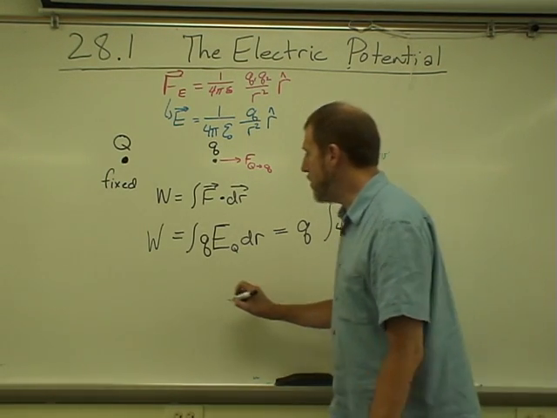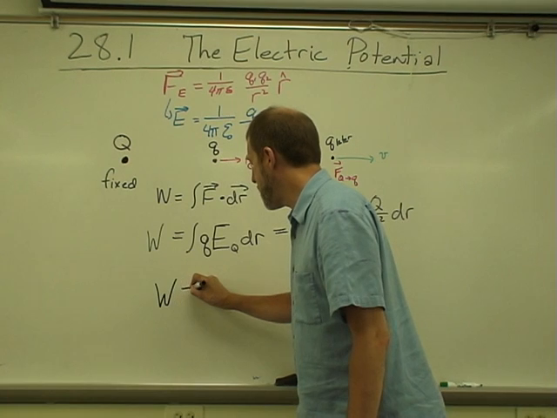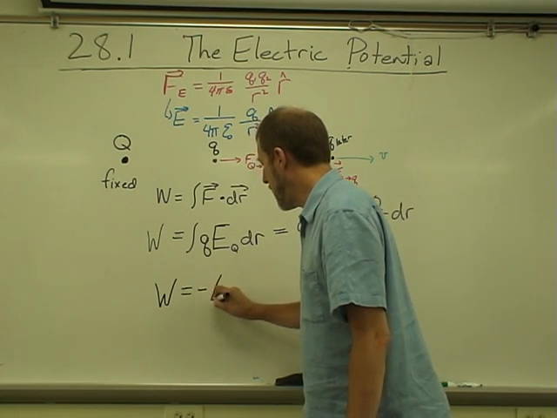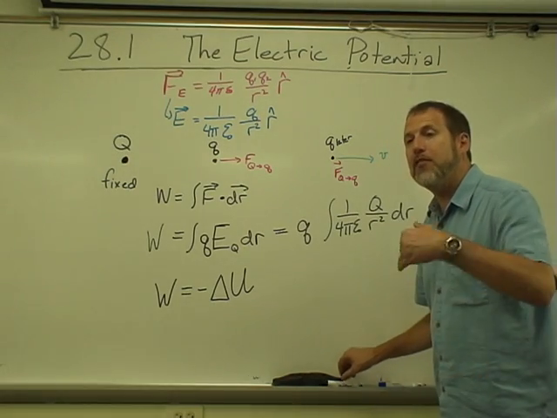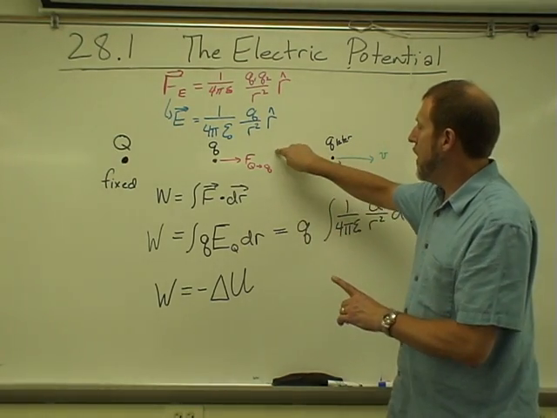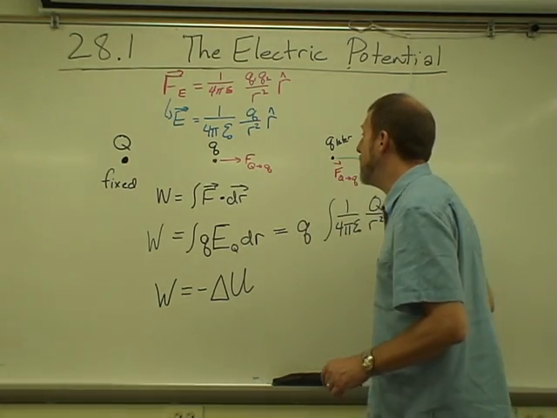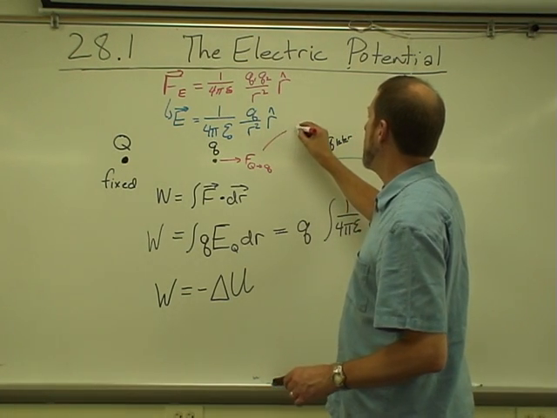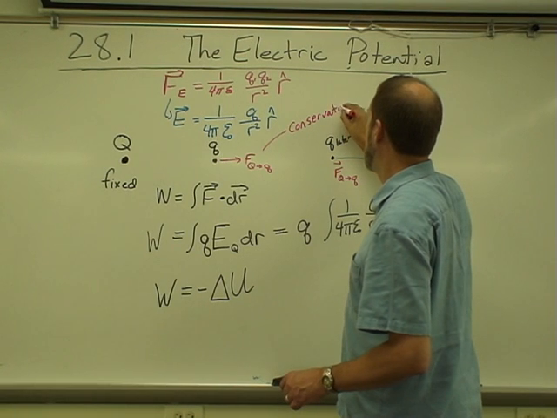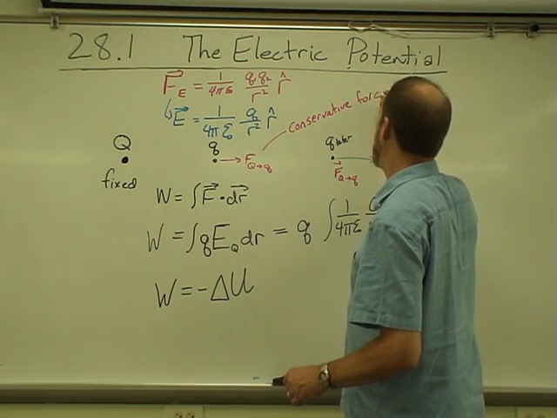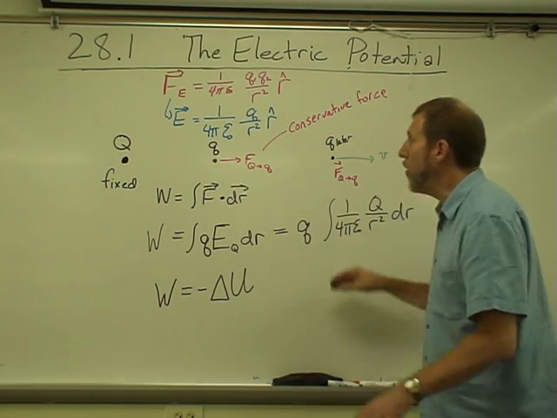Now, if I find the work done, from last semester, I can speak of whether this is a conservative force. And yes, it turns out that the electric force is indeed a conservative force if you store energy into this.